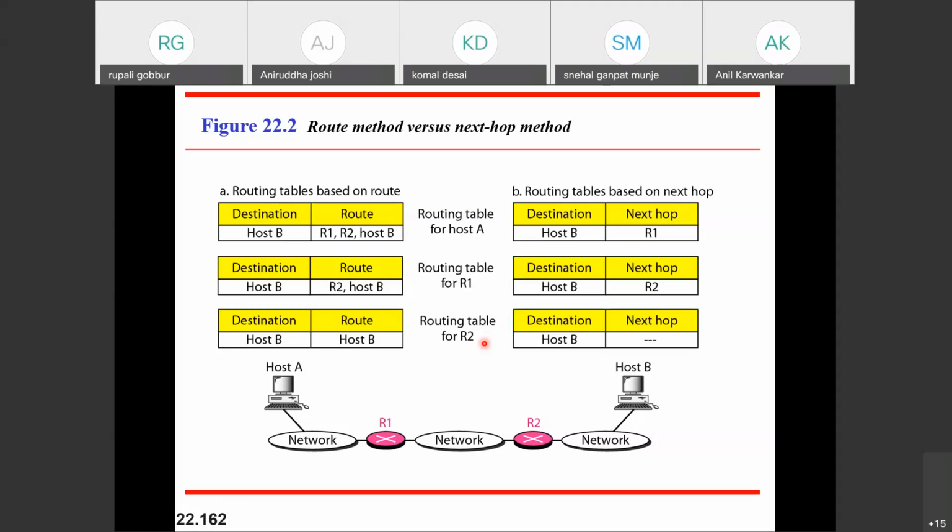There will be two different configurations, based on the route and based on next hop.